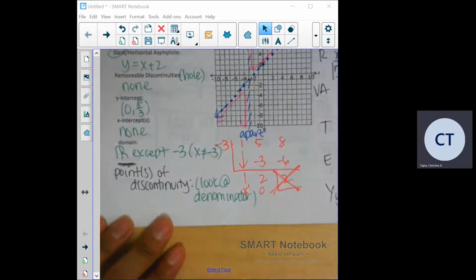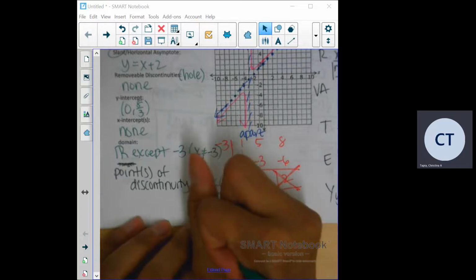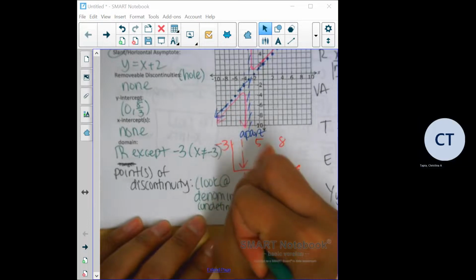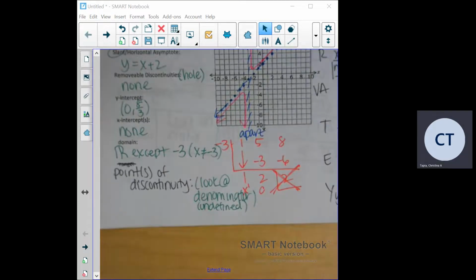What a point of discontinuity means is it can't be undefined. So you need to identify to the reader, which is me, where is the graph undefined? If you want to put in the parentheses, undefined, that's what you're trying to identify.